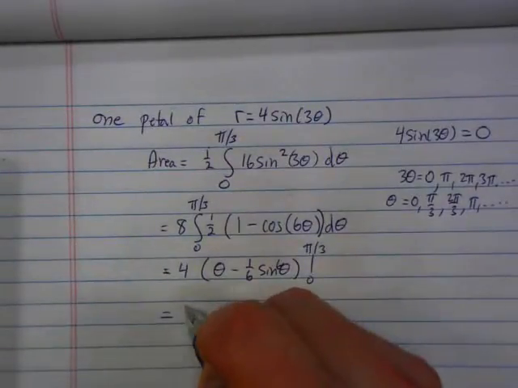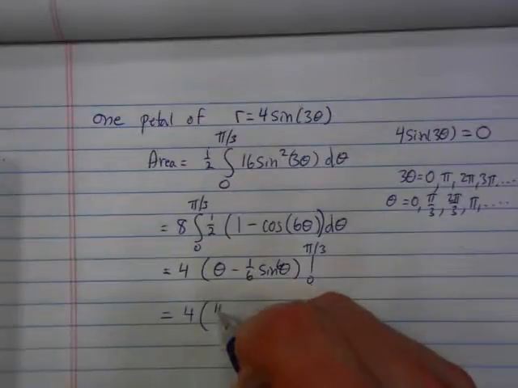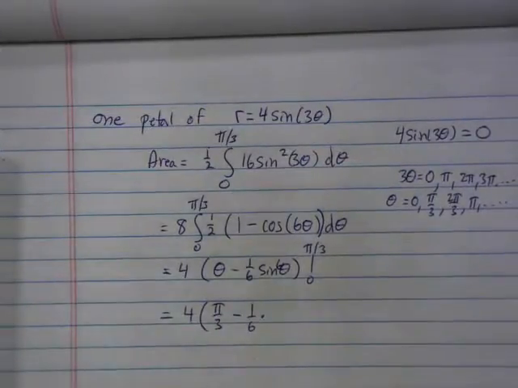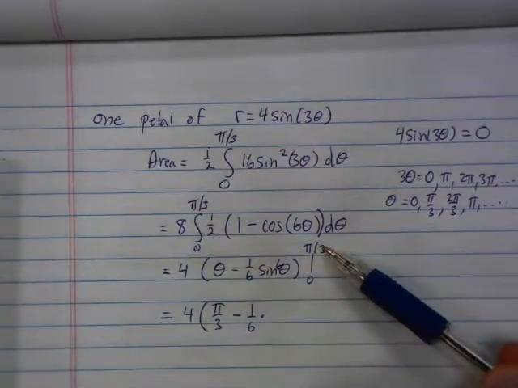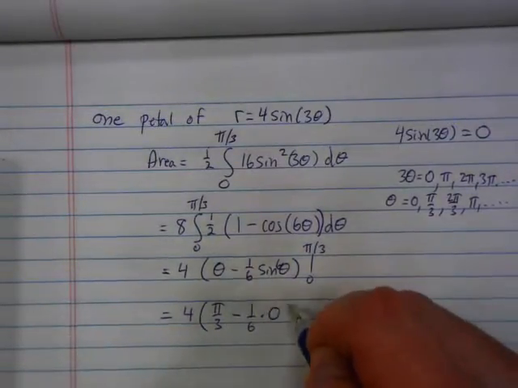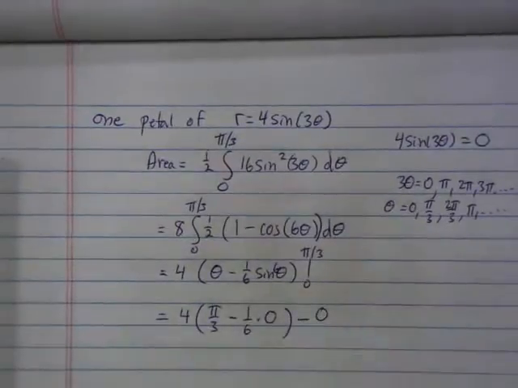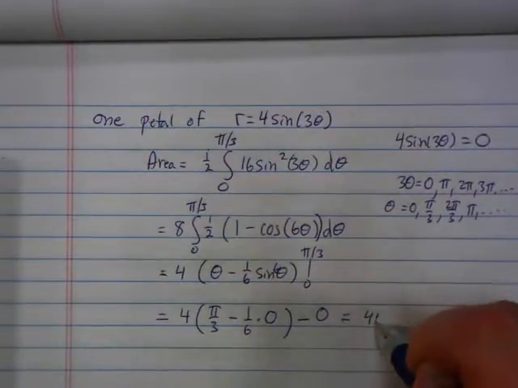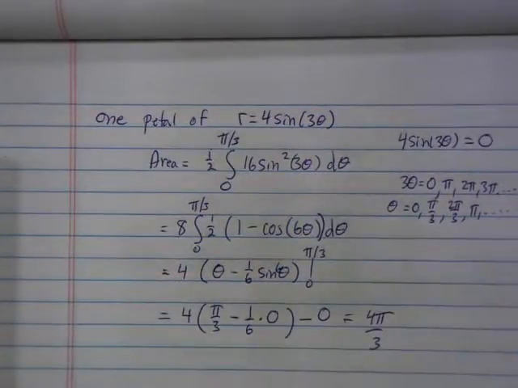So that's 4 times pi over 3 minus 1/6 times the sine of, well, I plug pi over 3 in, 6 times pi over 3 is 2 pi. What's the sine of 2 pi? 0. Minus, when I plug in 0, I'm going to get 0 everywhere again. So it looks like my answer is 4 pi over 3.